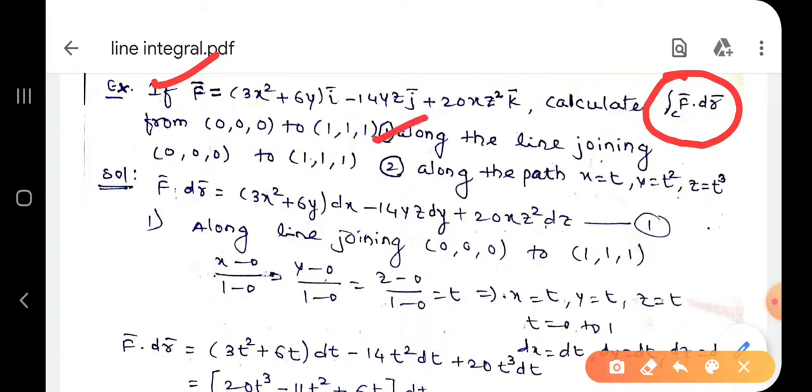So these are the two questions we have to solve. We have to find the line integral along the line and along the path.